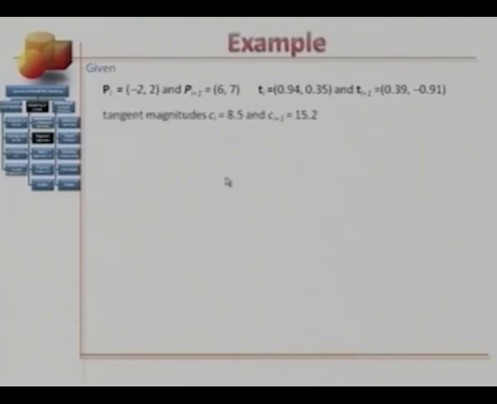Let's have the tangent magnitudes ci at Pi, the first point, as 8.5 and ci+1 as 15.2 at the second point. Recall that we are only interested in matching the tangent directions and not the magnitudes.